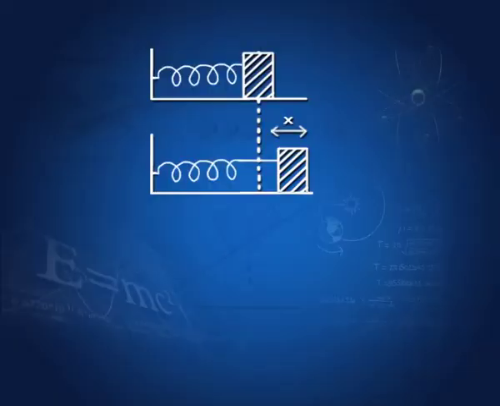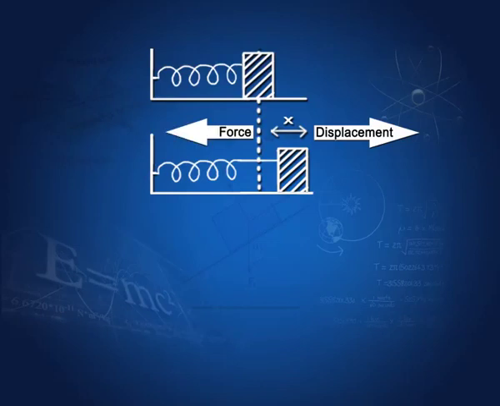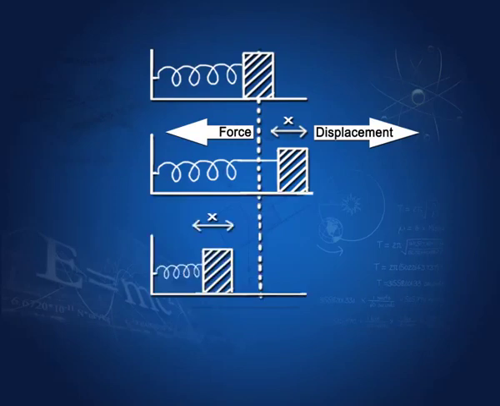So, if the displacement is in this direction, a restoring force develops in the opposite. Likewise, if I were to leave it, you can imagine a situation where the block would be somewhere in this location and the spring compressed by the same extent as x.